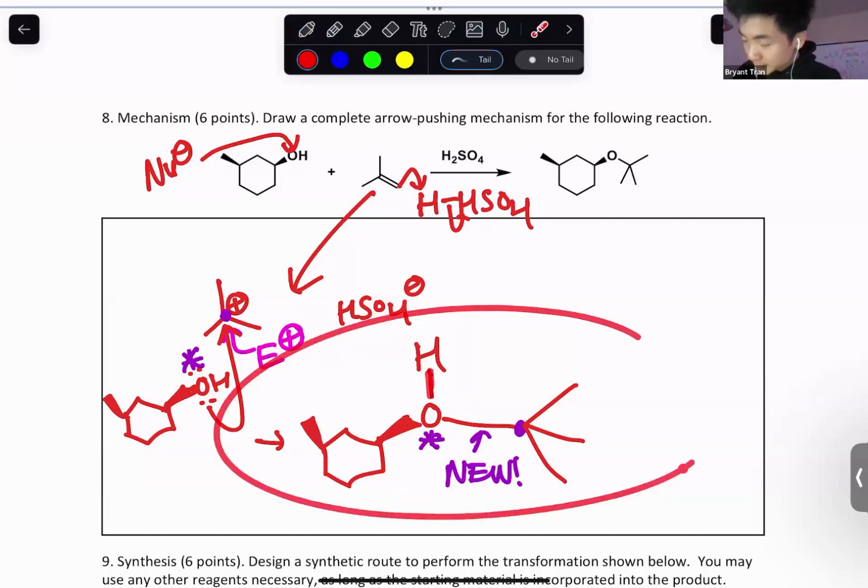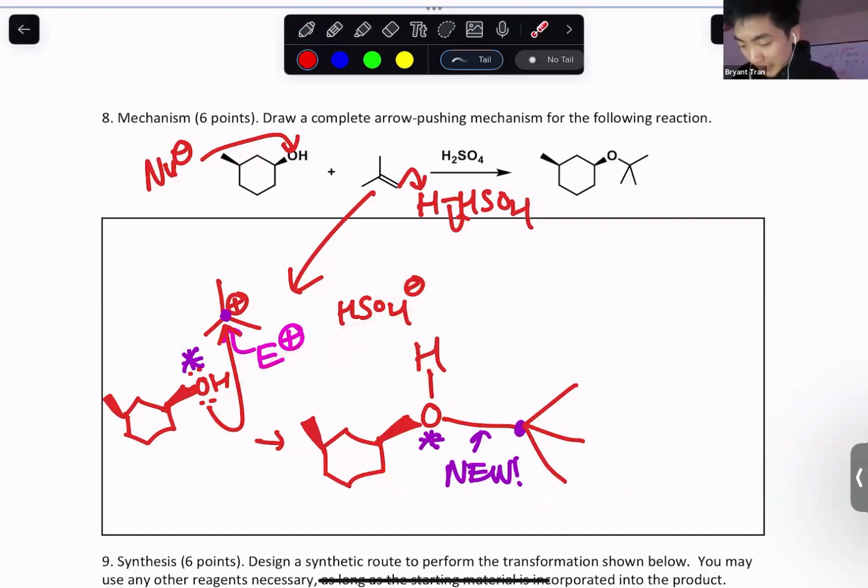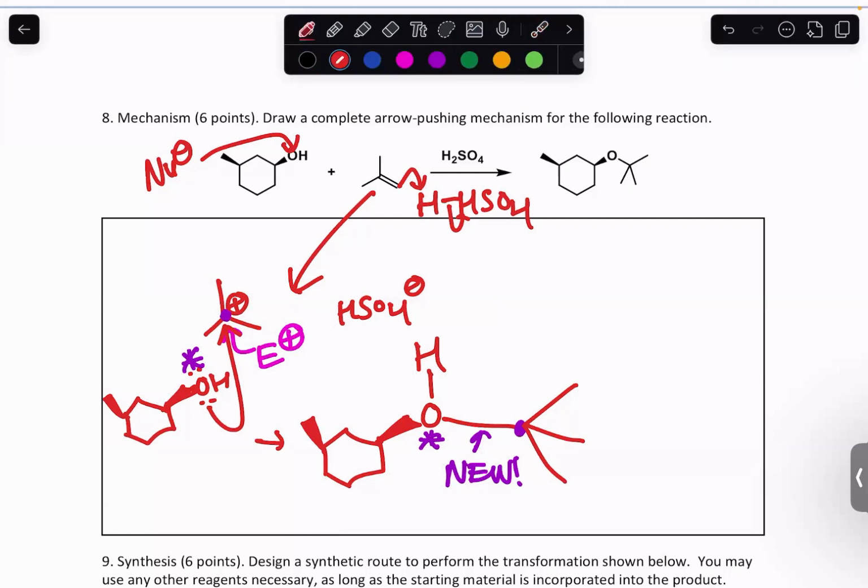Now, what's missing here? What's missing in this intermediate? I attached every single atom to every single group, but I'm missing one thing here from this intermediate. Would it be a positive charge on the oxygen? That's correct.